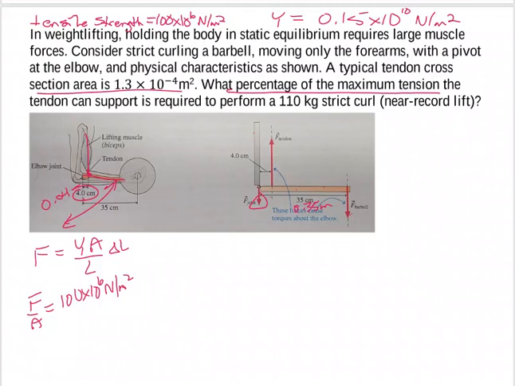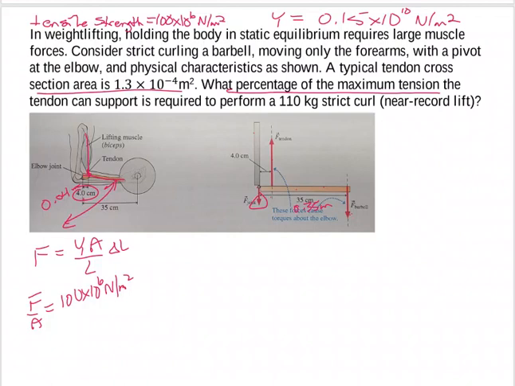Well, we also know the cross-section area. We can calculate force. I have a formula for that: if I multiply both sides by A, tensile strength times A equals F. So that's a formula that we can work with as well.